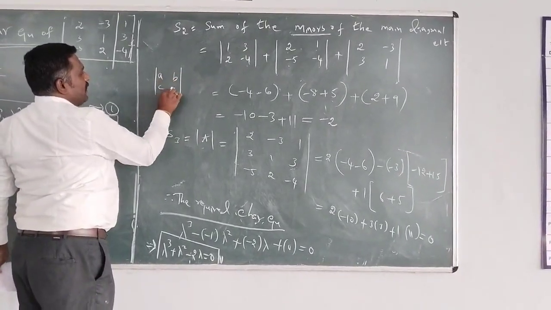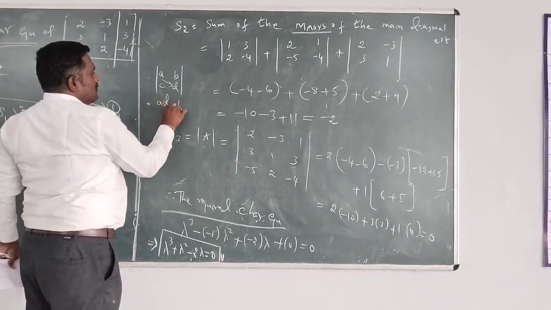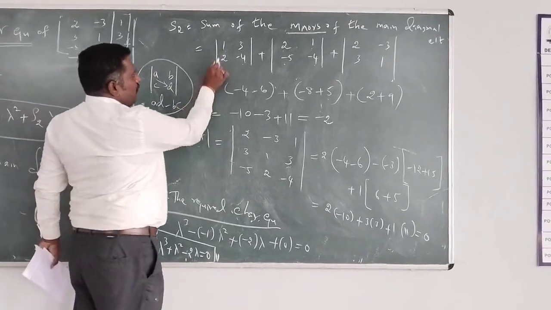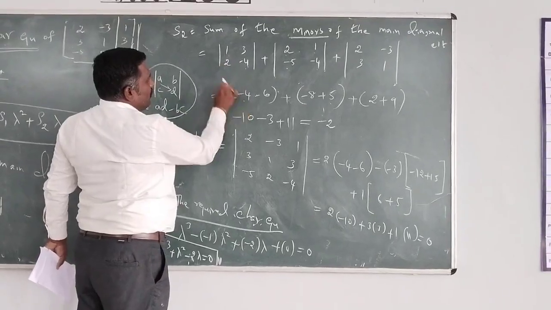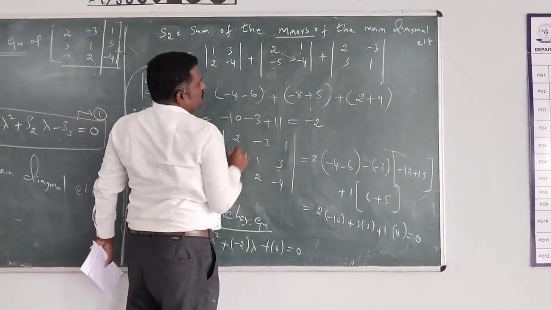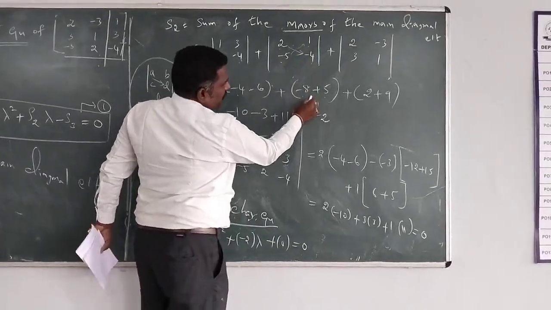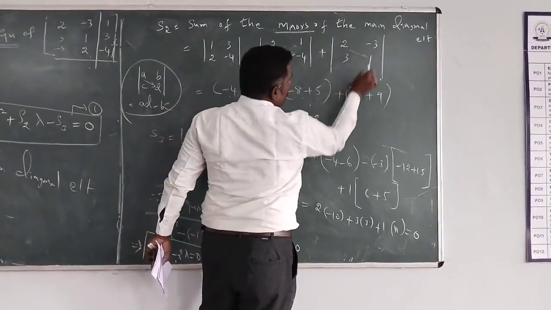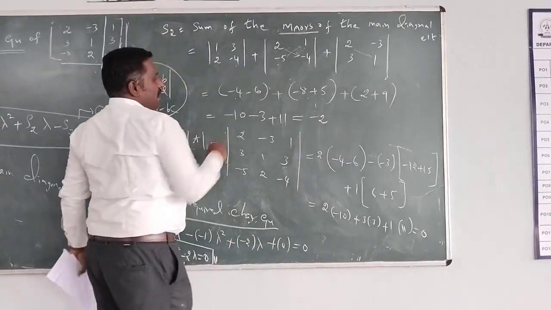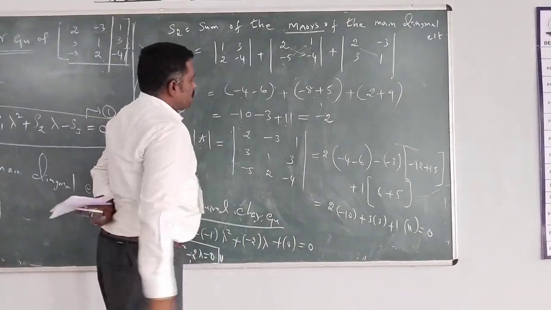For a matrix A, B, C, D, the formula is AD minus BC. So you get 1 into minus 4 minus 6, plus 2 into minus 4 plus 5, plus 2 plus 9. Adding the values, minus 10 plus 1 plus 11, you get minus 2.